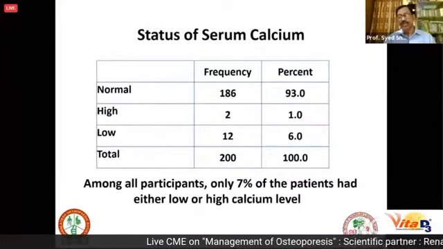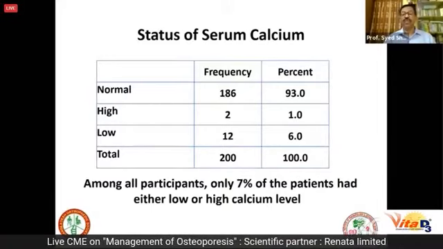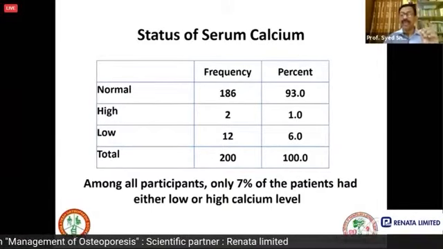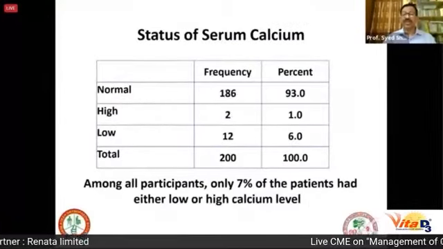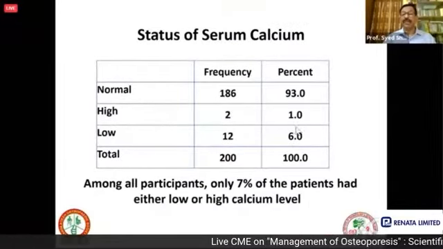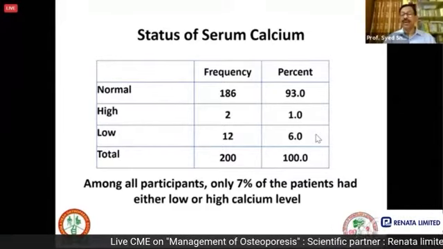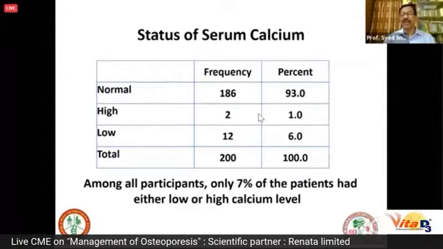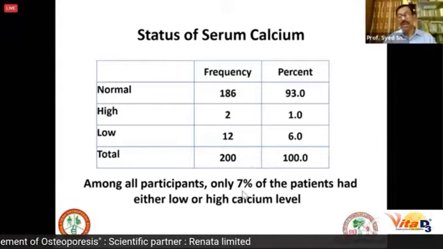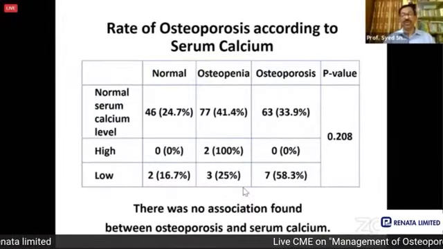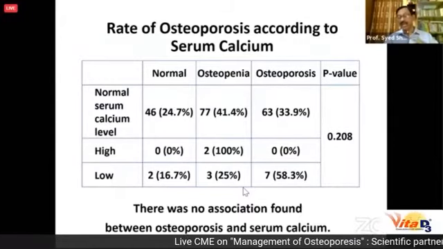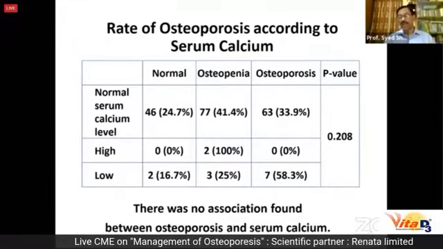In our study of about 200 people, we found only 6% of patients have low calcium and one has high calcium. So only 7% of patients have an abnormal calcium level. And we found no association between osteoporosis and calcium deficiency or normal calcium.